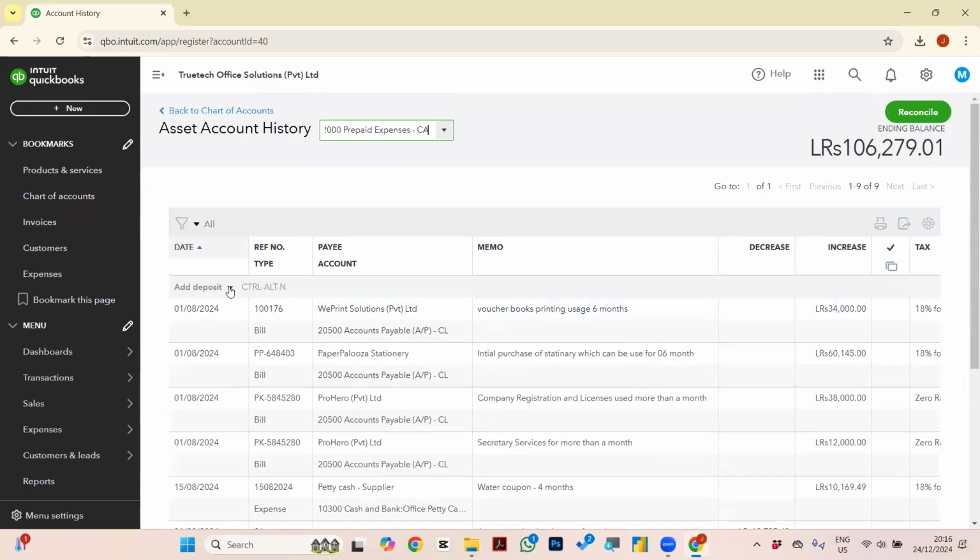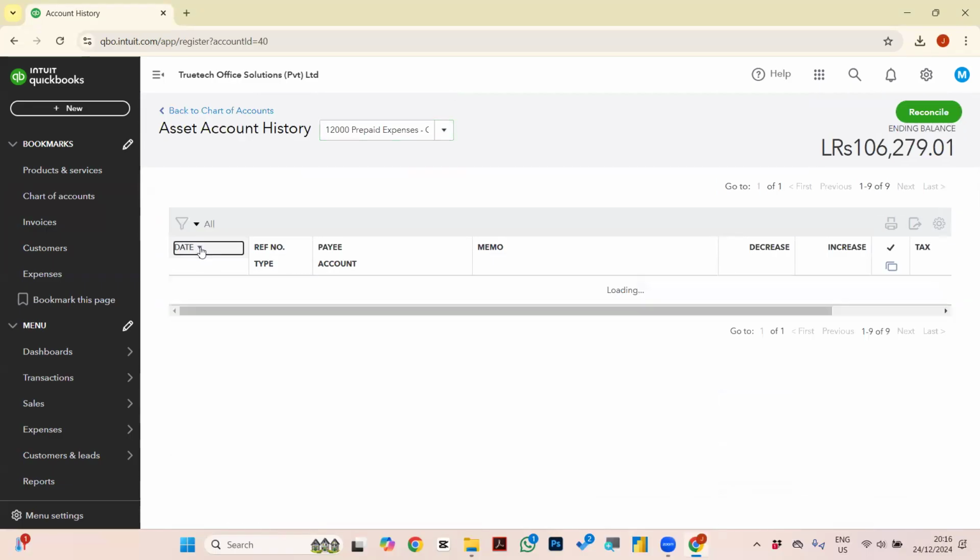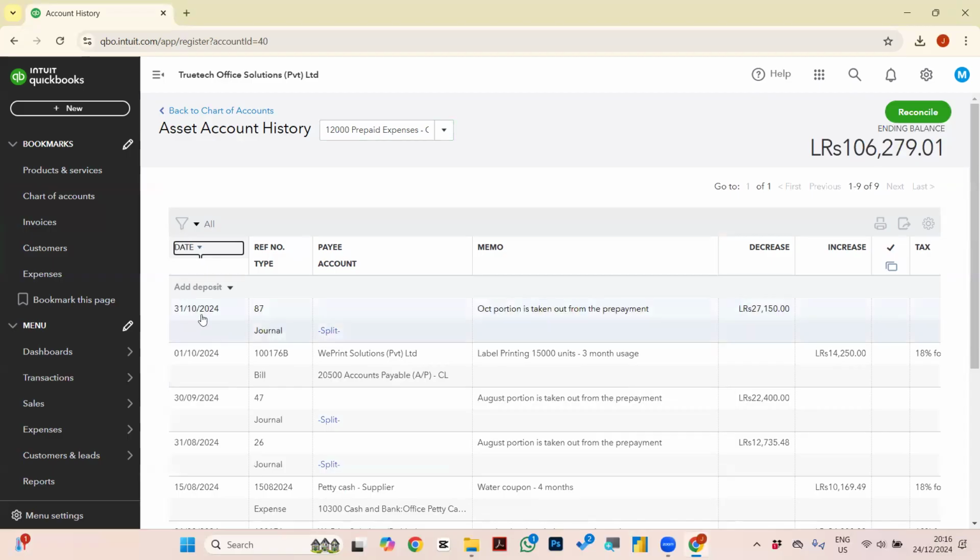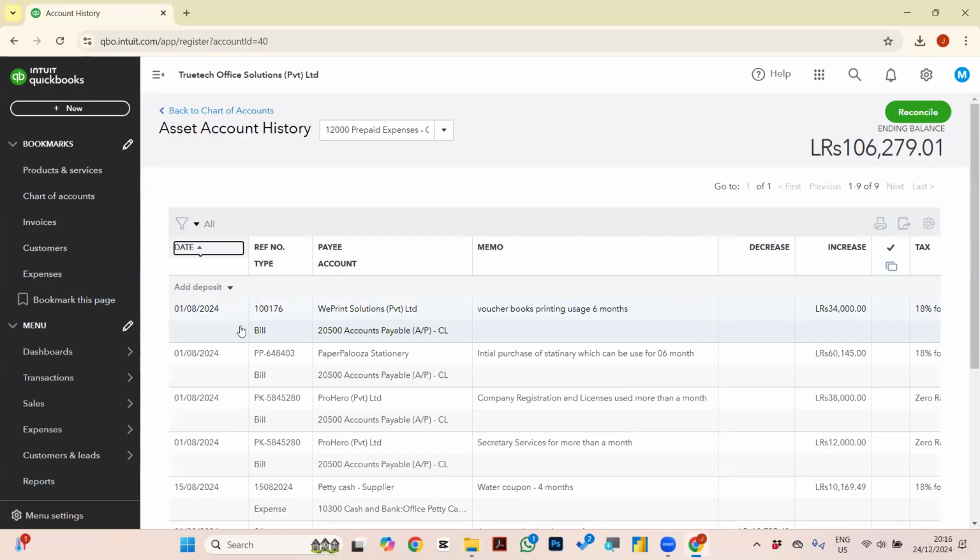If you click here, it'll show from the recent transaction to the older transaction. Again, you can sort it from older to recent. You can also sort it by account type, all those things, but I don't recommend that. You might only be sorting it by the date.